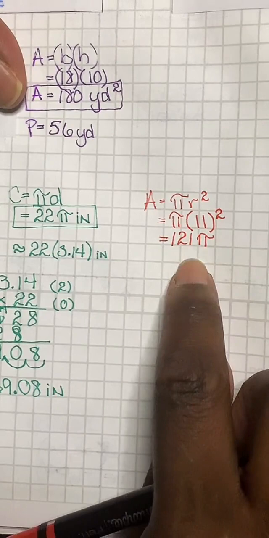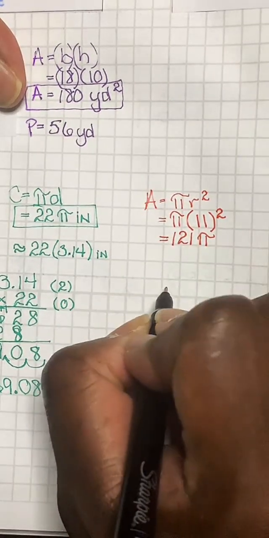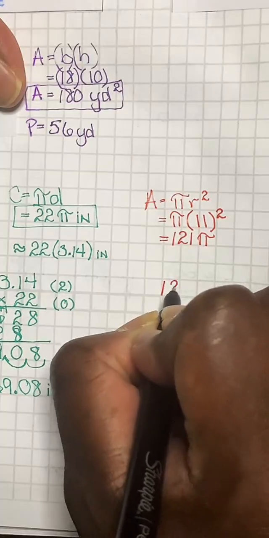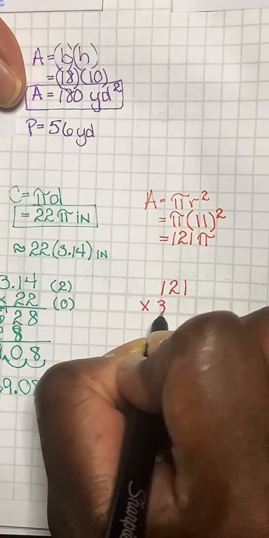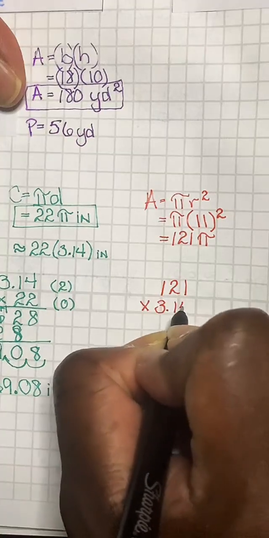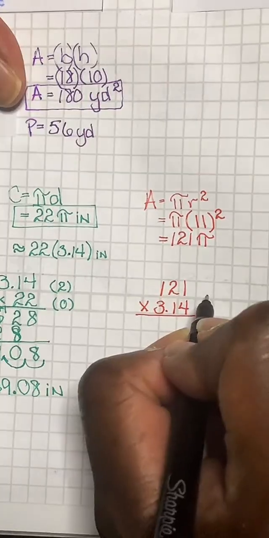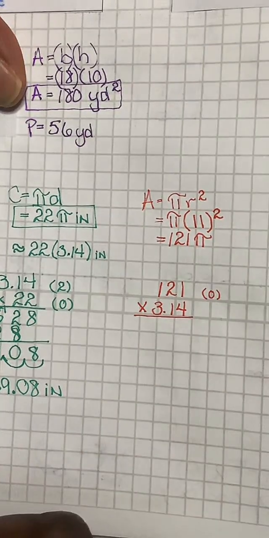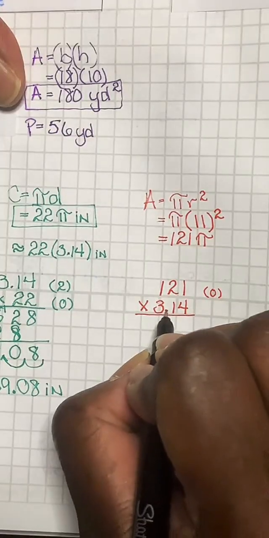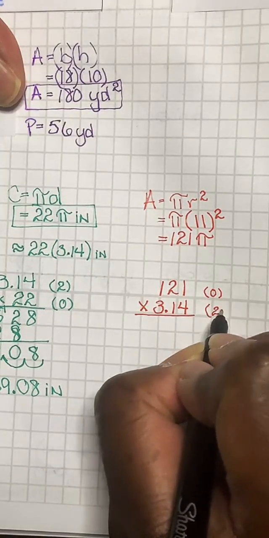Now, if they want the approximation, we have to take our 121 and multiply it by 3.14. So 121, there's no decimal place, so we don't have to worry about that. 3.14 is 2 decimal places.